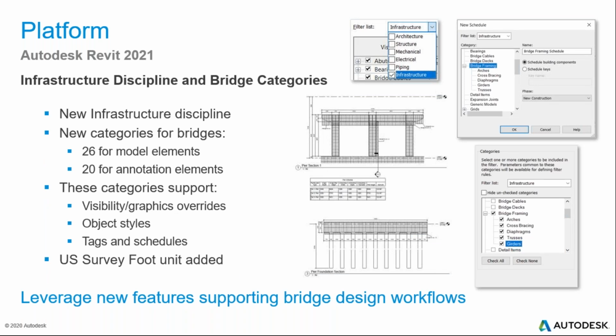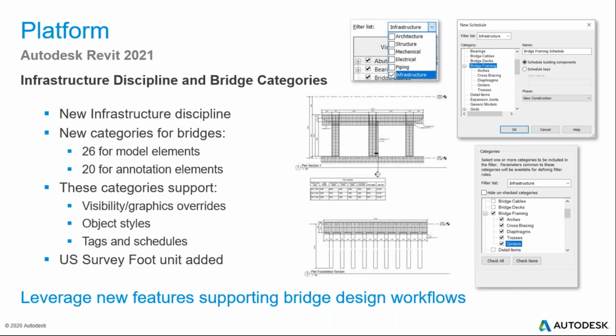Again, another key enhancement has been made on integrating infrastructure workflows within Revit. So while Revit already offers multidisciplinary BIM capabilities for higher quality, coordinated design, we have also now extended Revit's built-in capability to better support bridge design in Revit.